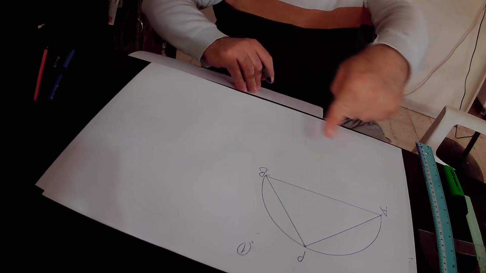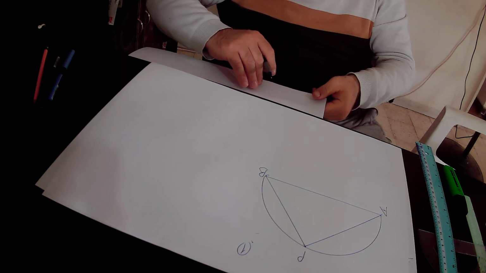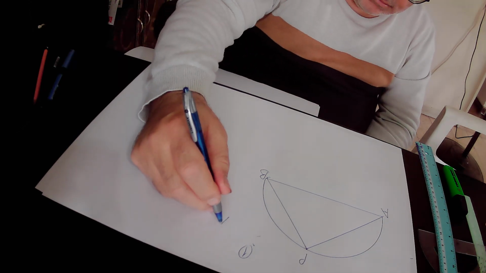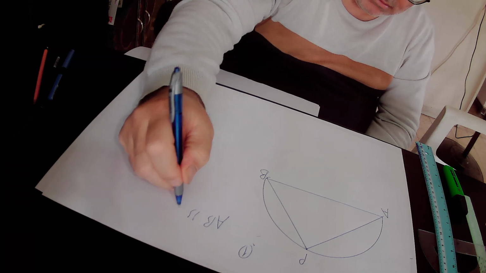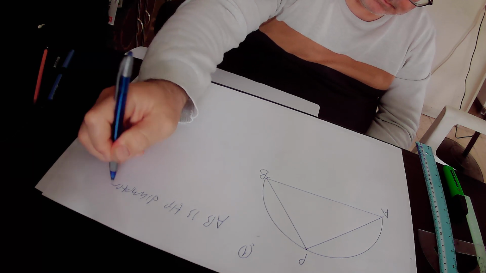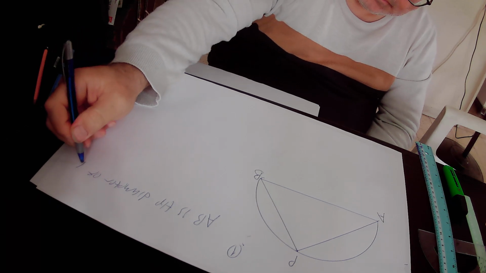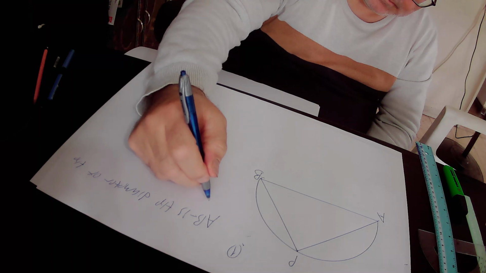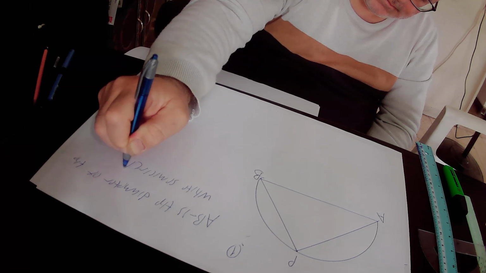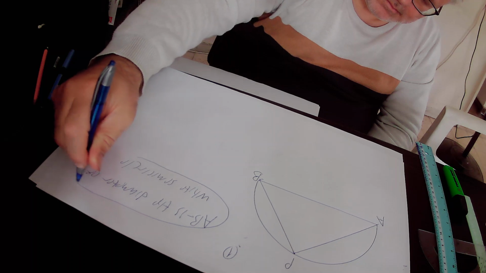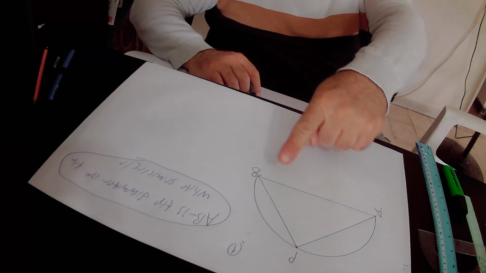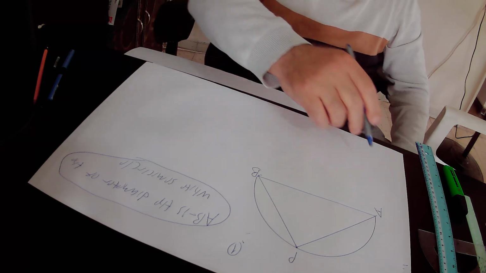We know that AB is the diameter of this white semicircle, so I write it down. By joining points P and B together by a straight line, we can deduce peripheral angle APB.